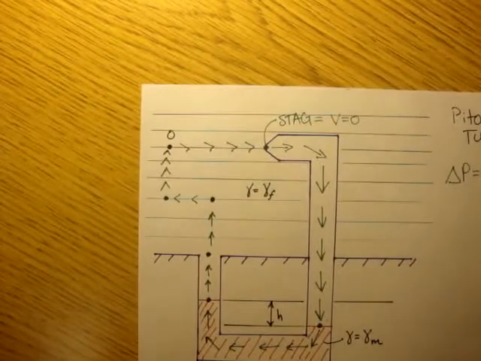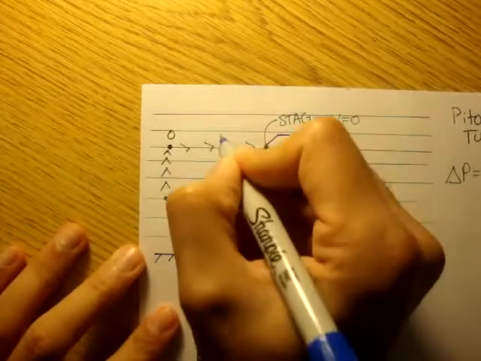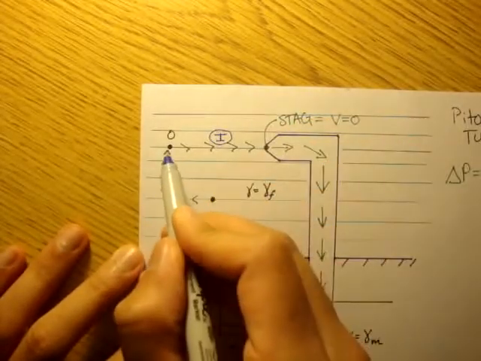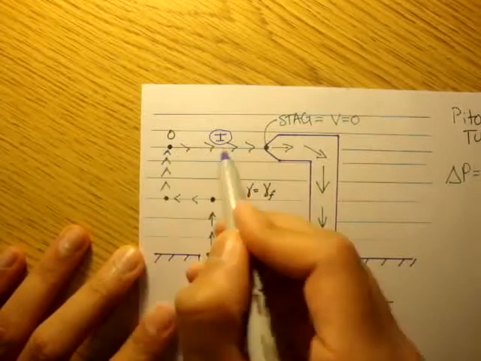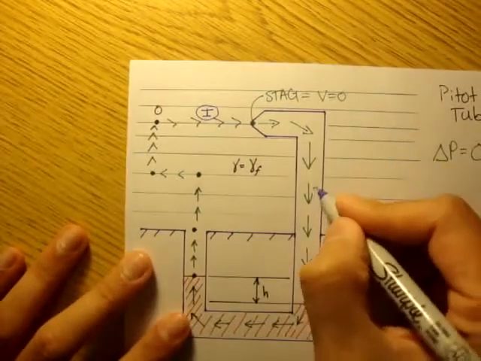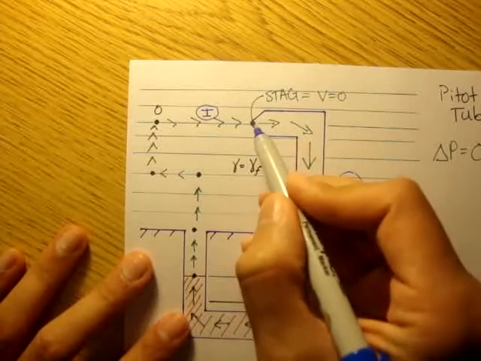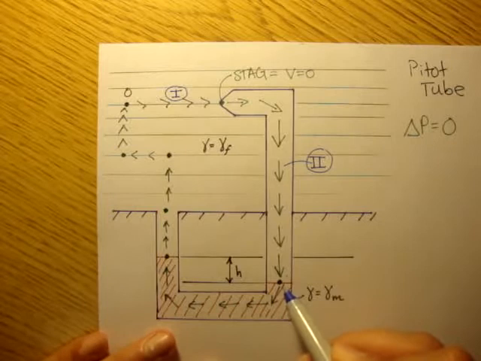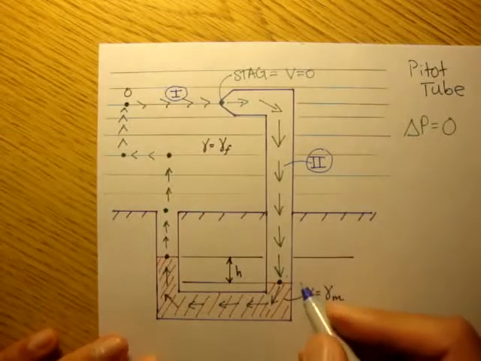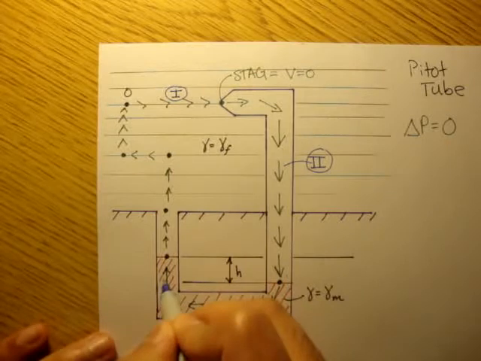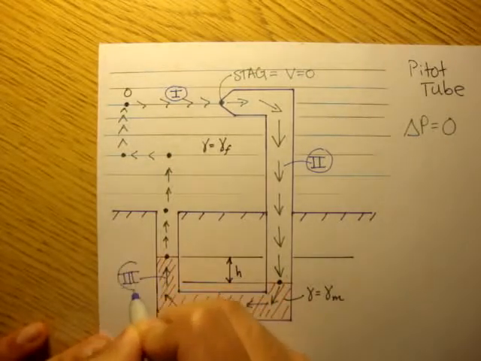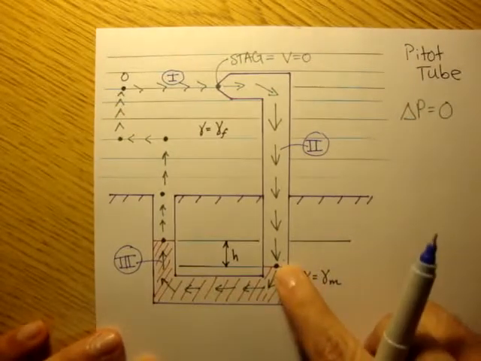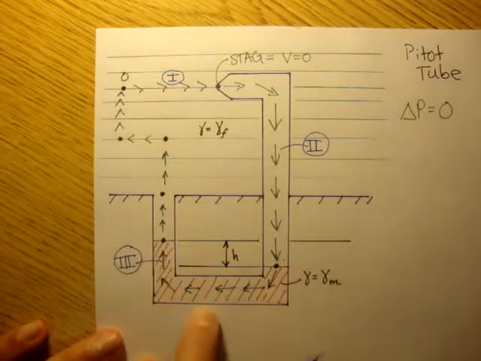So let's name these paths. We can do that in maybe blue. We'll call this path 1, from point 0 to the stagnation point. Path 2 is from the stagnation point down into this tube up to this point. We'll call this path 3, from this point through the mercury up to this point.